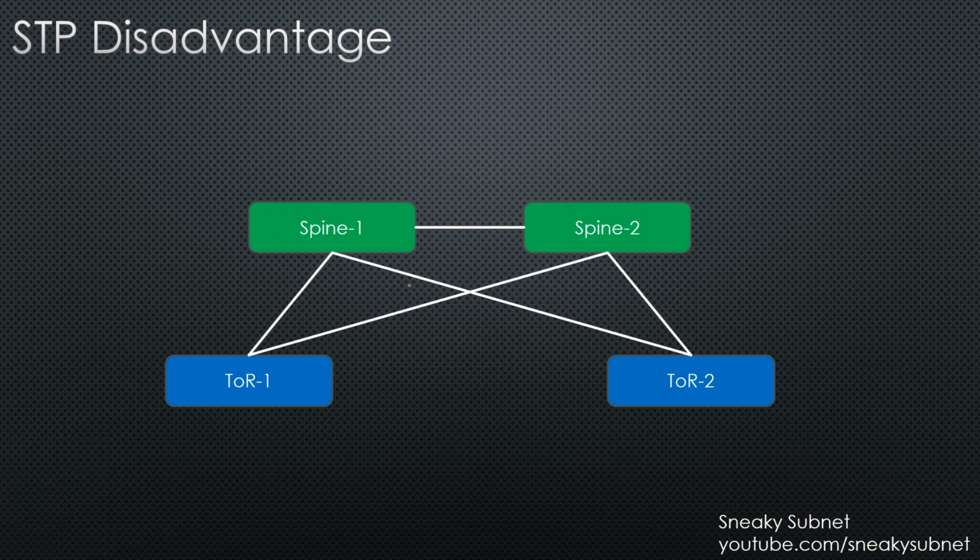So with legacy technologies like spanning tree, we will have the following situation. At first, we will also interconnect our spines, because we want to maintain connectivity between endpoints behind top of rack switch number 1 and top of rack switch number 2, even if this link goes down and that link as well.